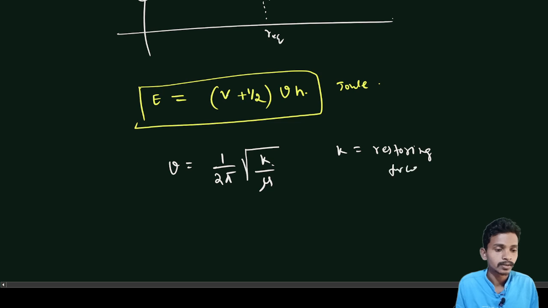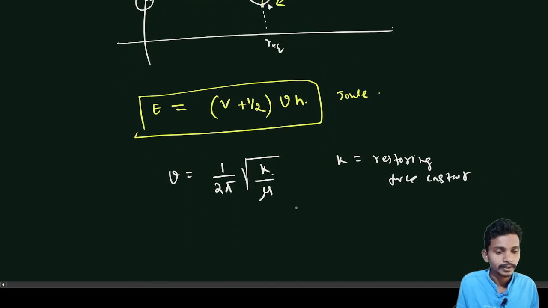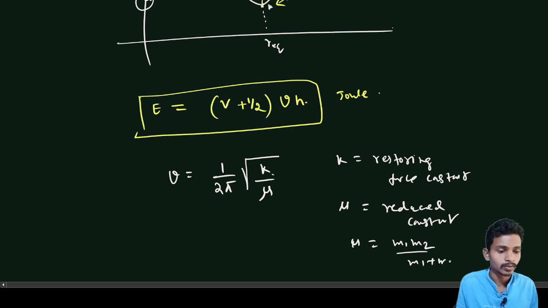How will you derive that? By this. This nu is the reduced mass, which we know from rotational spectroscopy: mu equals m1 m2 upon m1 plus m2.